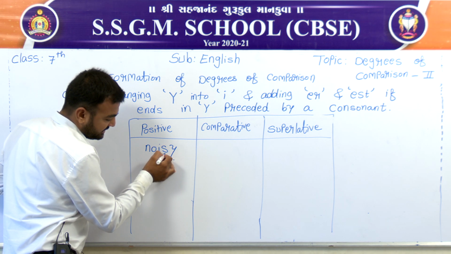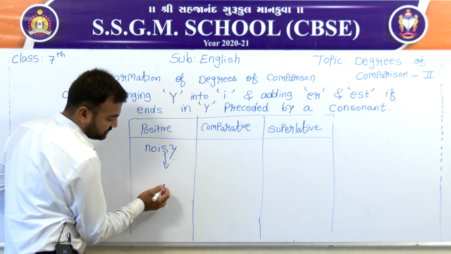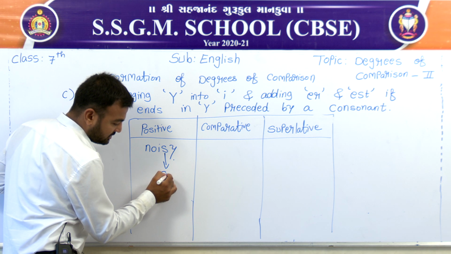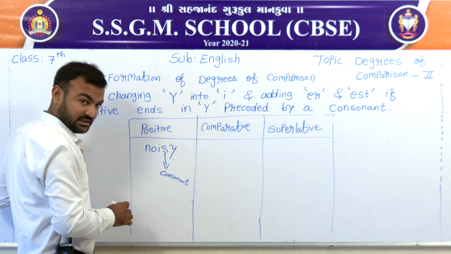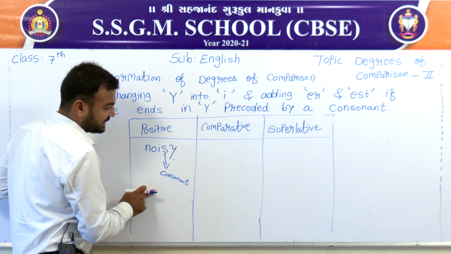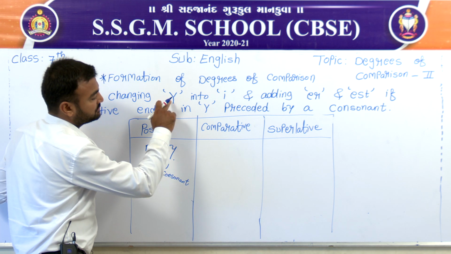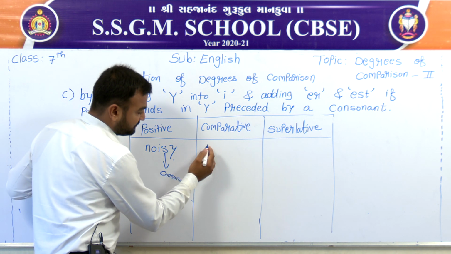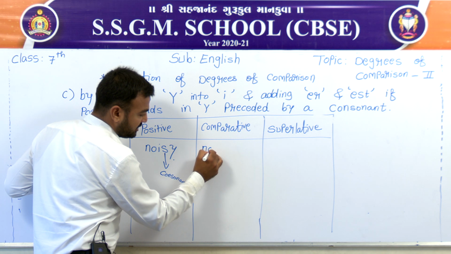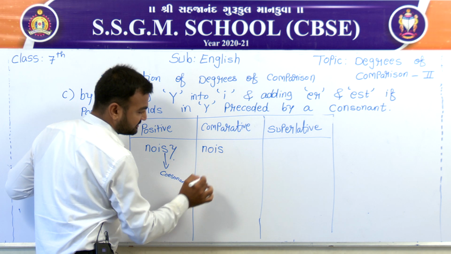Before y, it is already written over here, S. We know that S is a consonant letter. So we change y to I. I am writing an example over here: NOIS.